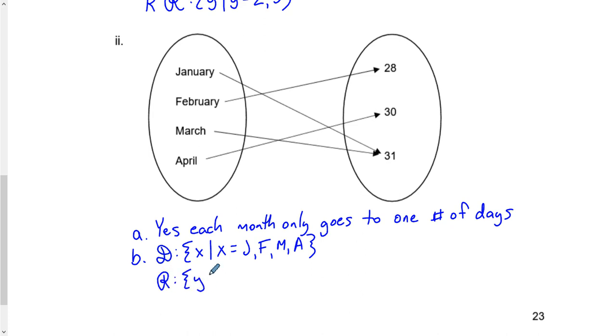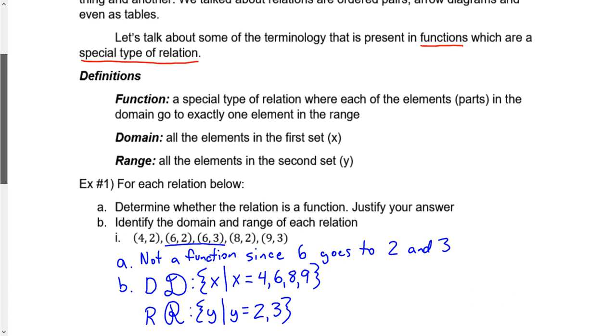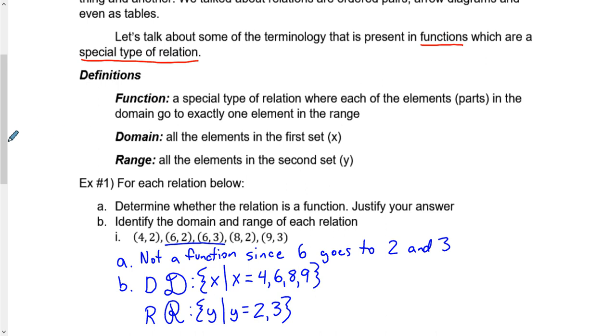So our Y's, again, we're going to get comfortable with using Y's. Y is 28, 30, and 31. The domain is our X's. They're the things that are in our first set. Our range is our Y's. They're the things in our second set. So hopefully, the definition of a function actually makes sense.